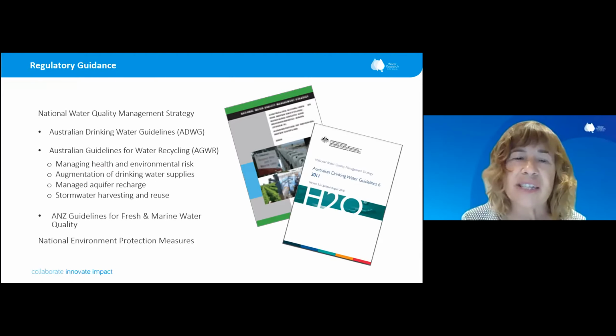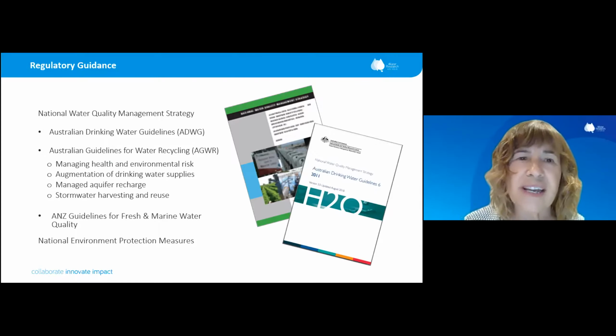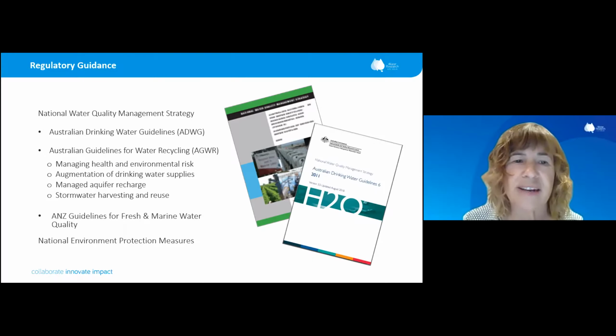So this guidance is used by all states. The legal frameworks that are in place vary somewhat between states, but they're all guided by these particular documents. And then the additional one there is the National Environment Protection Measures, which, unlike the guidelines above, are actually mandatory for the states to follow.